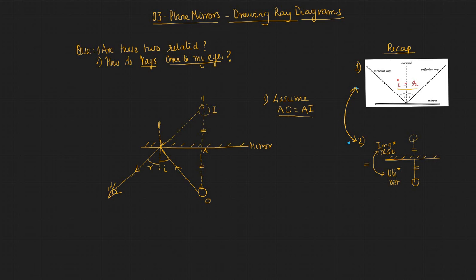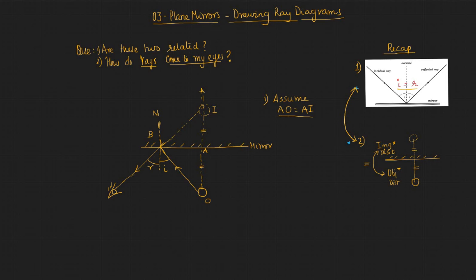So now in this diagram, let's label all the elements. Let's label this point as B, A, and everything is marked, and let this be your normal 1 and this be the perpendicular.